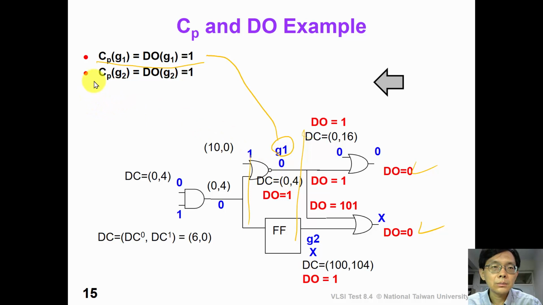And the propagation cost of G2 is the dynamic observability of G2, which is also 1.